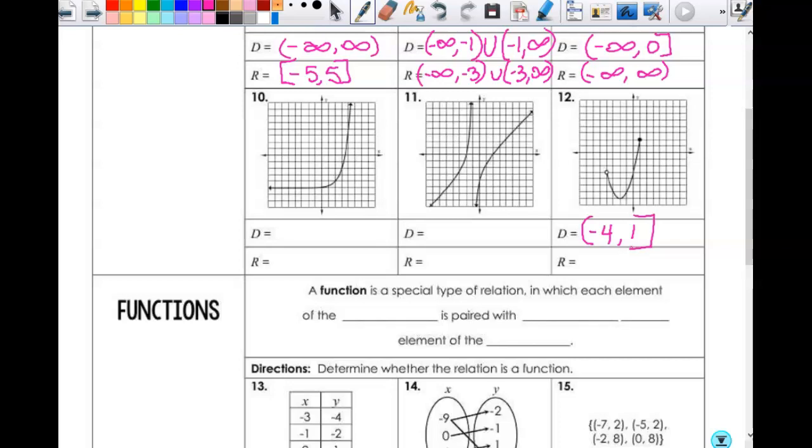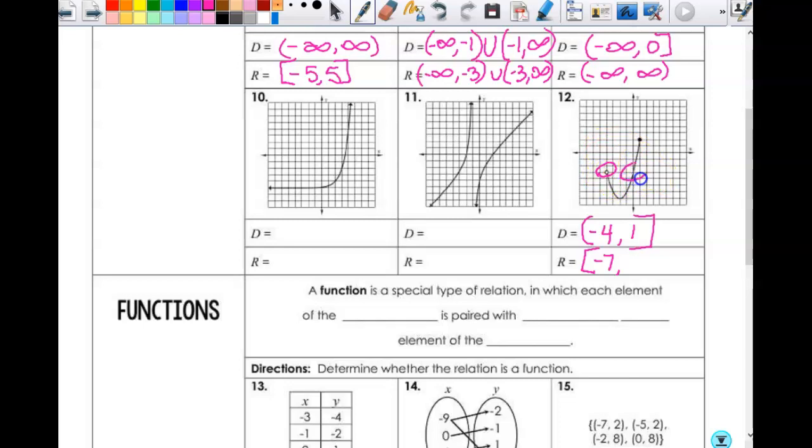So then my range, what's the smallest y value? Oh, -7. Do I include it? Yes. Okay, when I'm going up and looking at my y values, is this hole going to be a problem for me? Right here, this point, which is at -4, -3, that point does not exist.